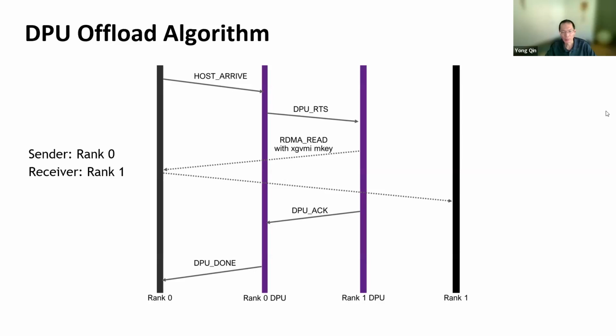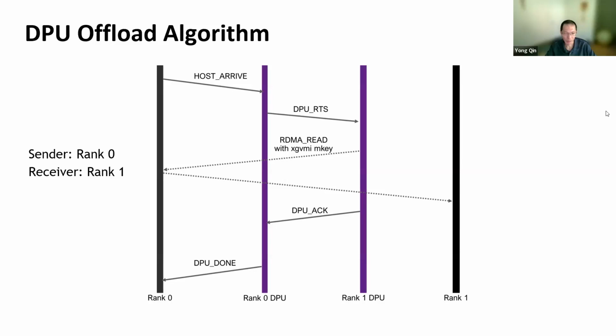Okay, and then once the rank 1 DPU receives this RTS message, it can issue an RDMA read operation from rank 1 DPU to rank 0 DPU. So the RDMA read happens between DPU and DPU. However, the actual memory transfer happens as the dark dotted line here.